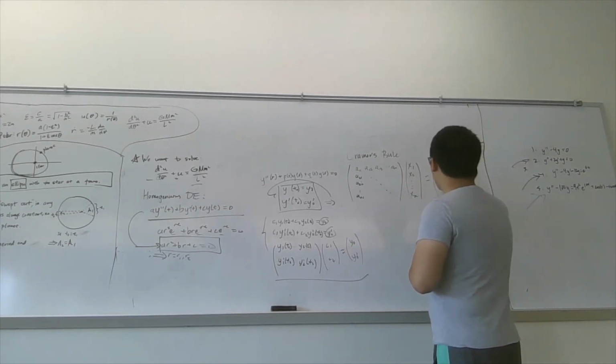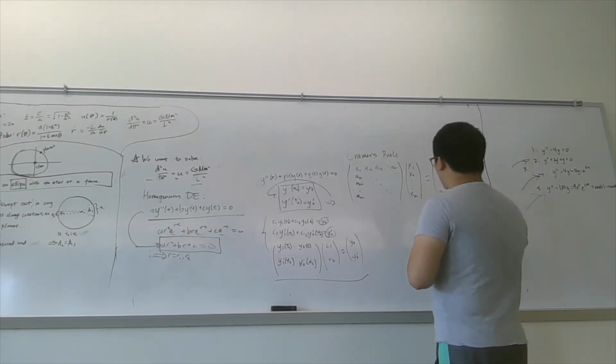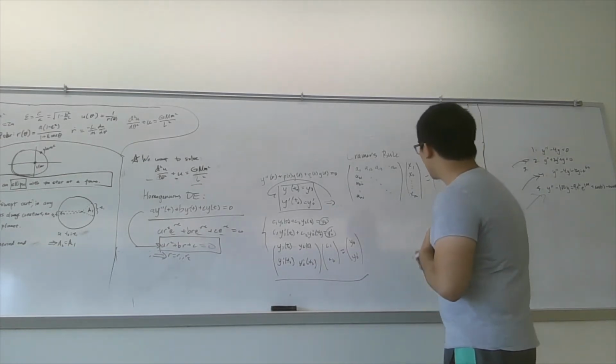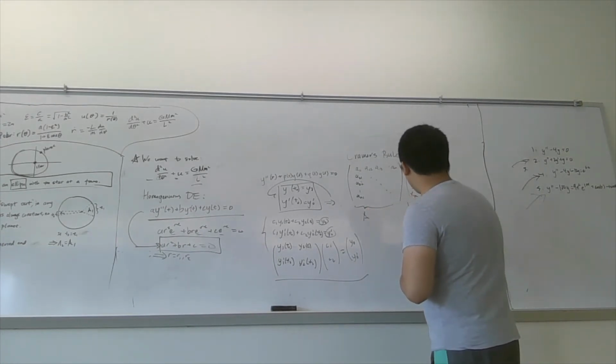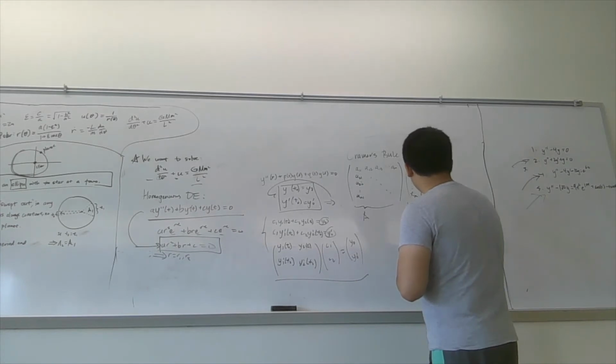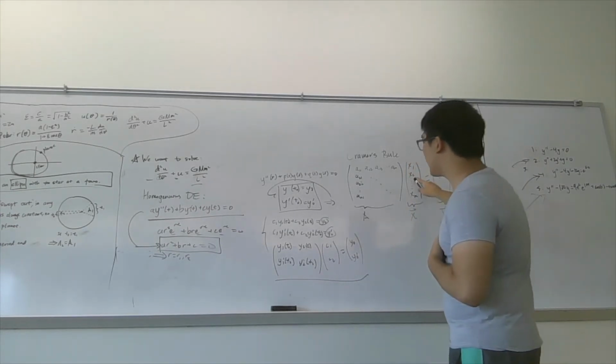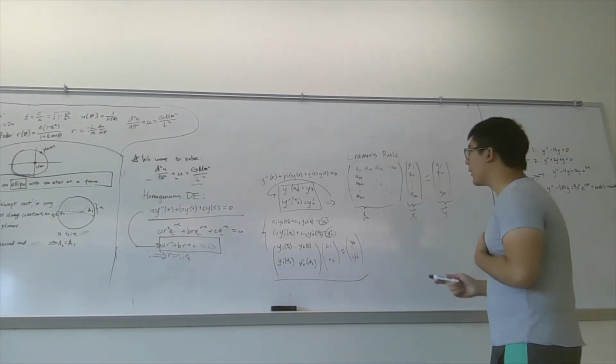And this gives you another vector of known quantity. And we'll denote this matrix as A, this unknown vector as x, and this known vector as y.